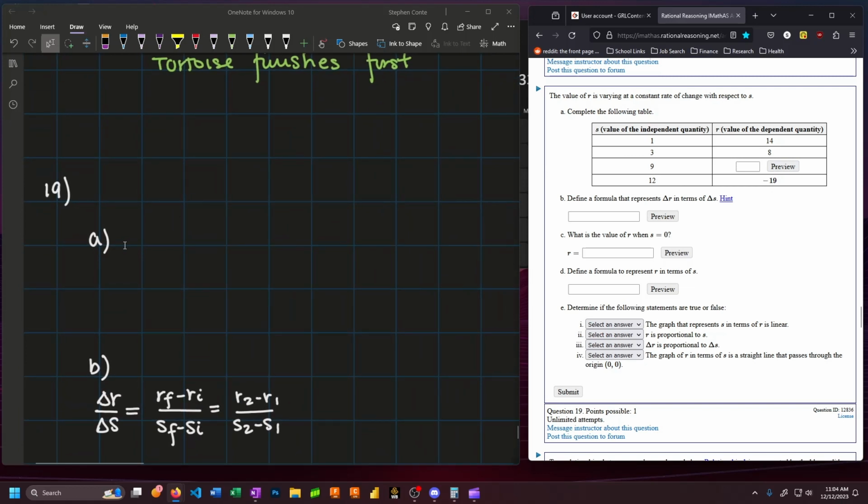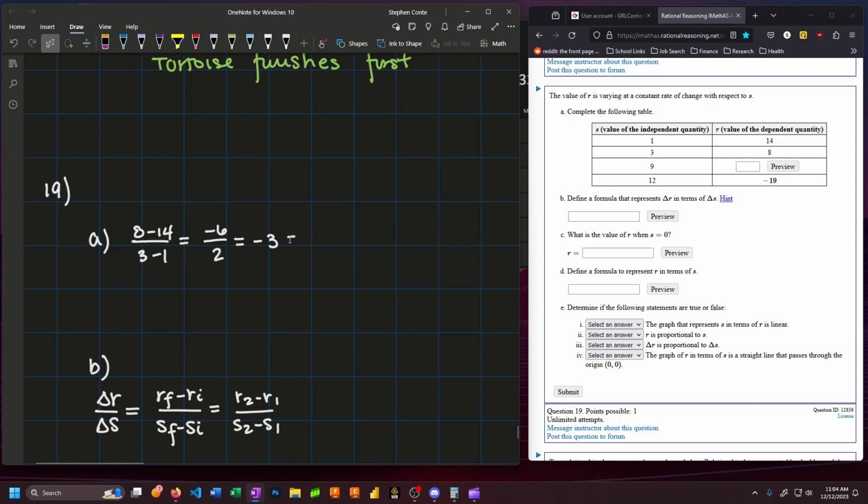So let's do 8 minus 14 over 3 minus 1. Okay, so this is going to be negative 6 over 2, which is going to be negative 3.